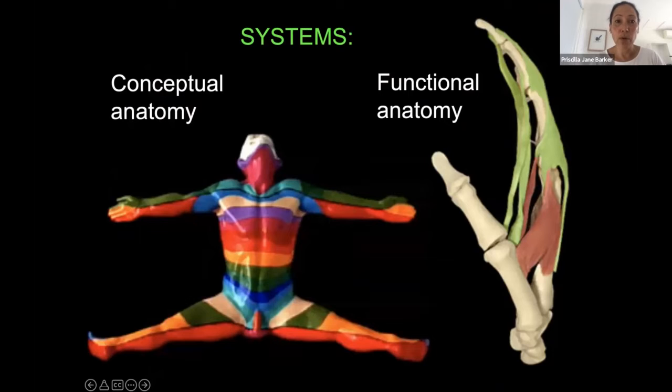So it's pretty methodical. In systems, we cover conceptual anatomy, things like the dermatomal supply of skin, or the segmental supply of skin, and why it is arranged that way during development.